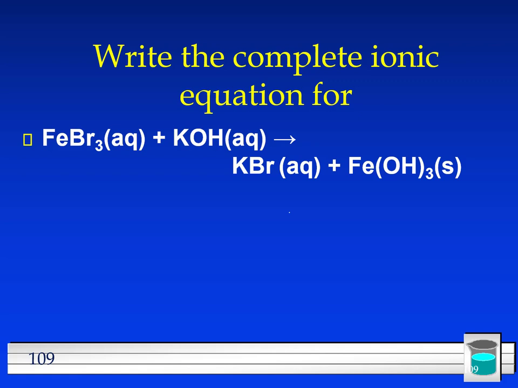So here's the equation we started our double replacement reaction with. The Fe changed places with the K. I know it's not balanced, but I don't have to balance it to do this. So I've got iron 3 bromide and potassium hydroxide make potassium bromide and iron 3 hydroxide.